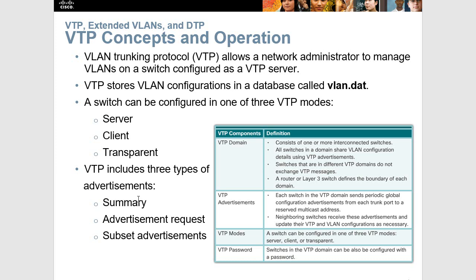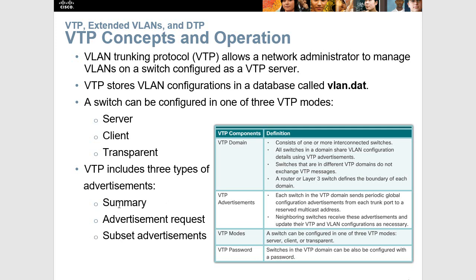So the domain name is just the domain that all of your switches are in. The VLAN revision number is basically how up to date your VLAN information is. The lower the revision number, the more outdated your VLAN data is.